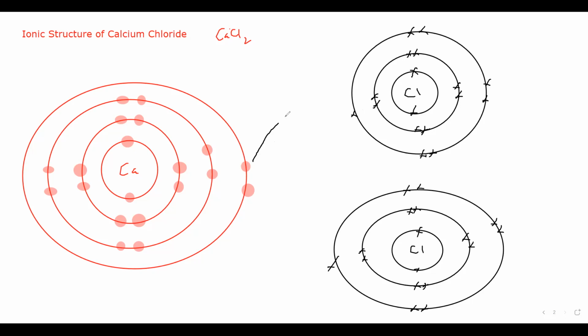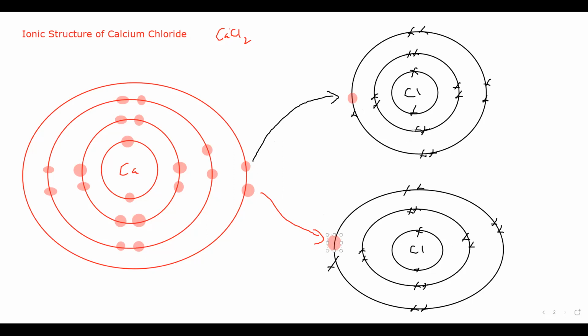So when this electron jumps from calcium to chlorine, this chlorine will gain 1. And then the second electron jumps to another chlorine, and that will also gain 1.